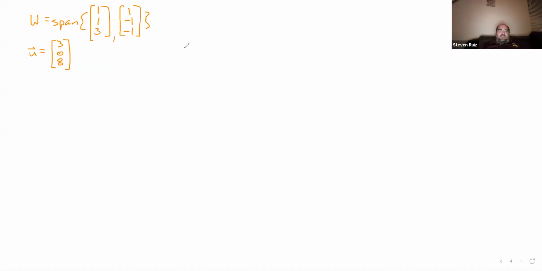So what Quinn was talking about is I can basically stitch these vectors together, putting these two columns together to form this 3x2 matrix for this basis of something. Let's say U is just some generic vector.